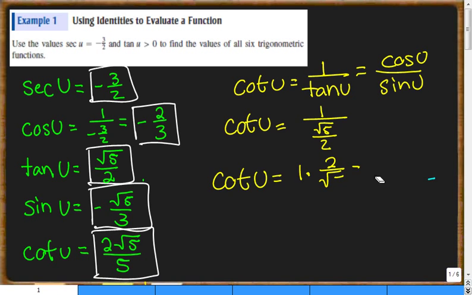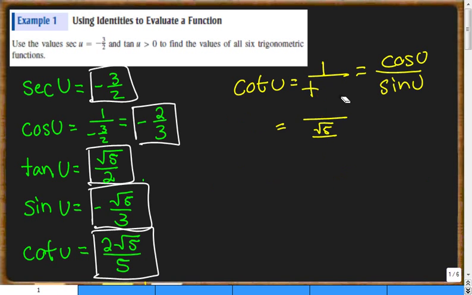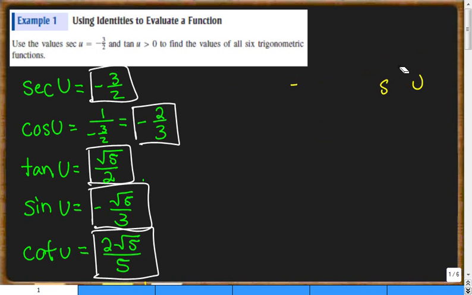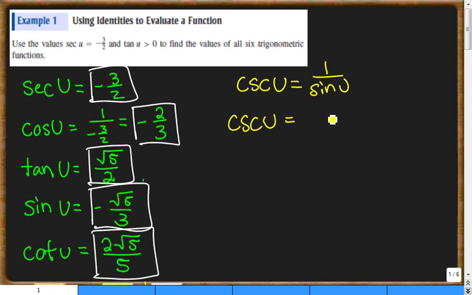And our last thing that we have to find here is our cosecant. We know that our cosecant of u is going to be 1 over the sine of u. Well, this means that the cosecant of u will be 1 divided by negative square root of 5/3.